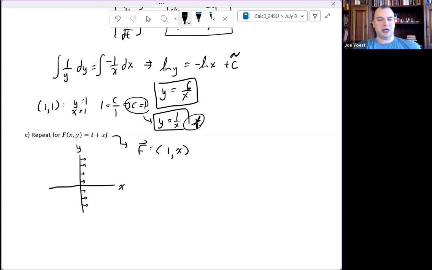When x is a little bit positive, I'm going a little to the right and a little up. When x is more positive, I'm going a little bit to the right and more up, so I have a steeper line. When x is a little bit negative, I'm going a little to the right and a little bit down.